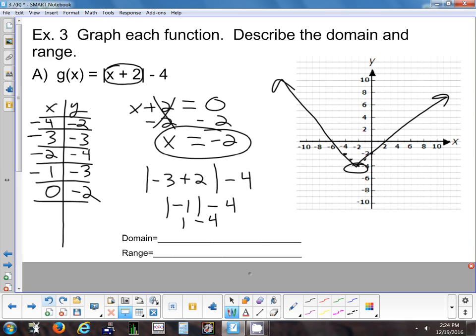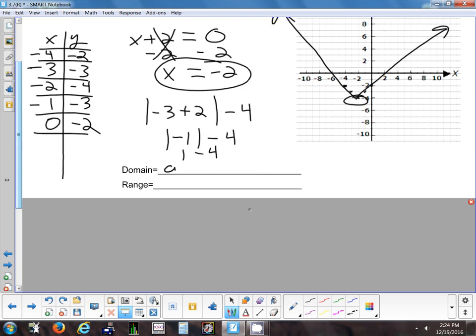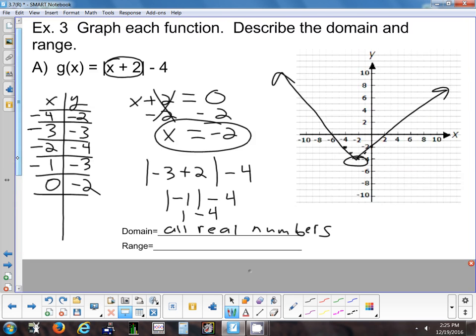Okay, what's my domain? All real numbers. What about my range? What's the lowest value that I hit? -4, and then what's the highest? 0?